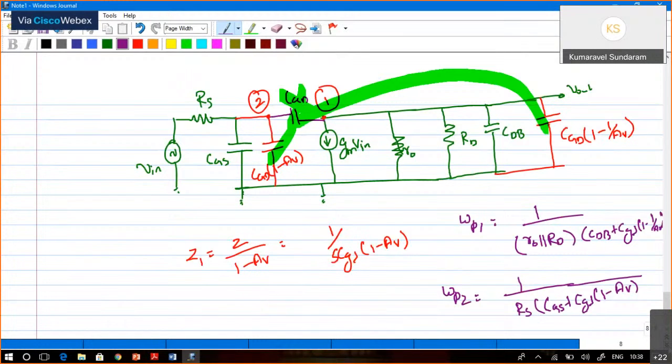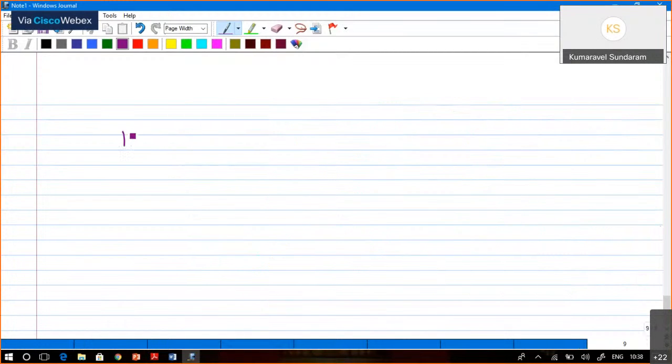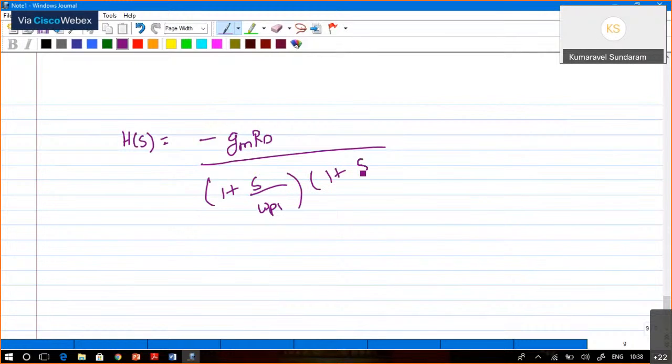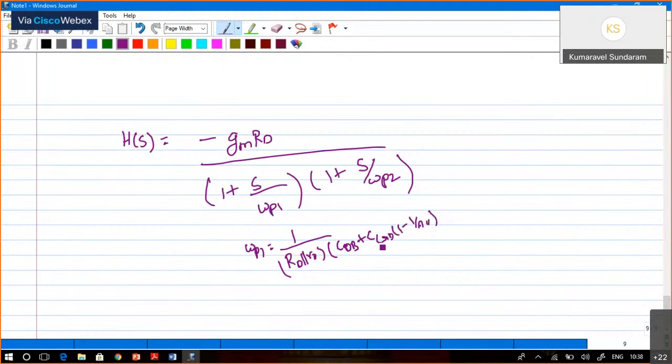Now we can write the transfer function as H of S is equal to minus GM RD divided by 1 plus S by omega P1, into 1 plus S by omega P2, where omega P1 is going to be 1 by RD parallel R naught into CDB plus CGD into 1 minus 1 by AV.